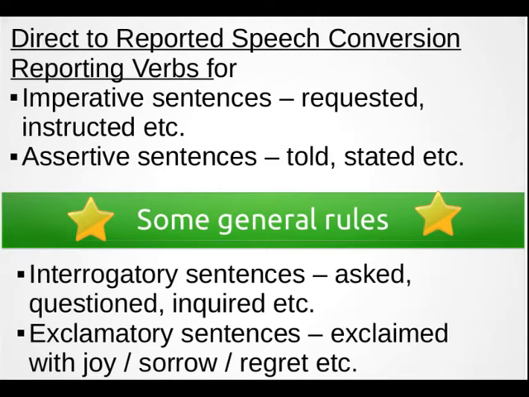Now, for exclamatory sentences, which express your emotions and sentiments, the reporting verbs to be used are exclaimed with joy, sorrow, regret, etc. All these general rules are separately discussed in different videos of English lessons. You can watch those and be thorough with them. Let's remember some more general rules.